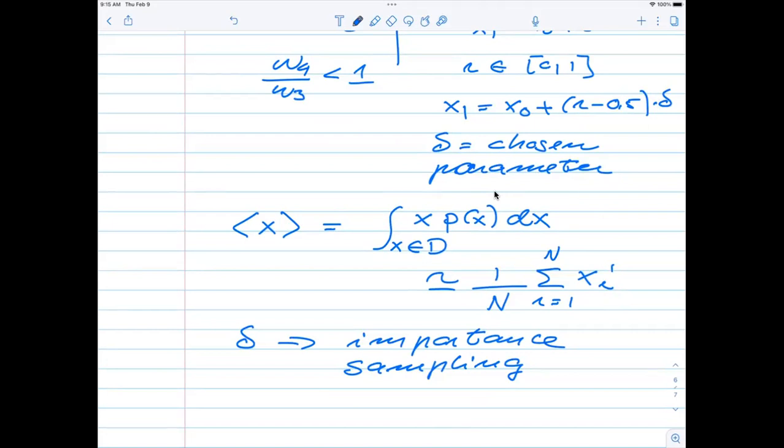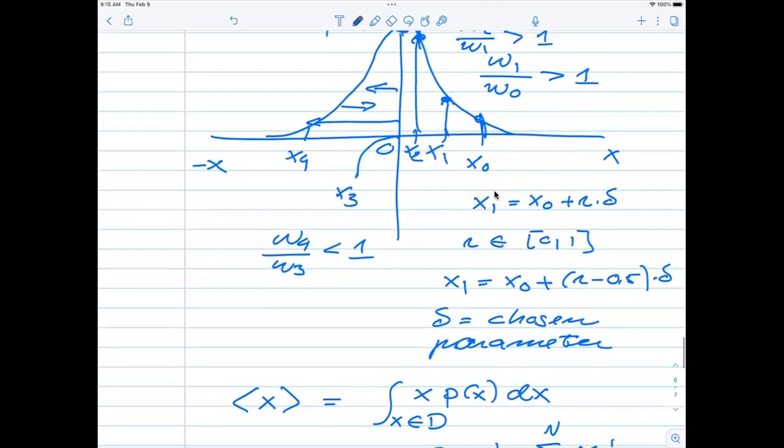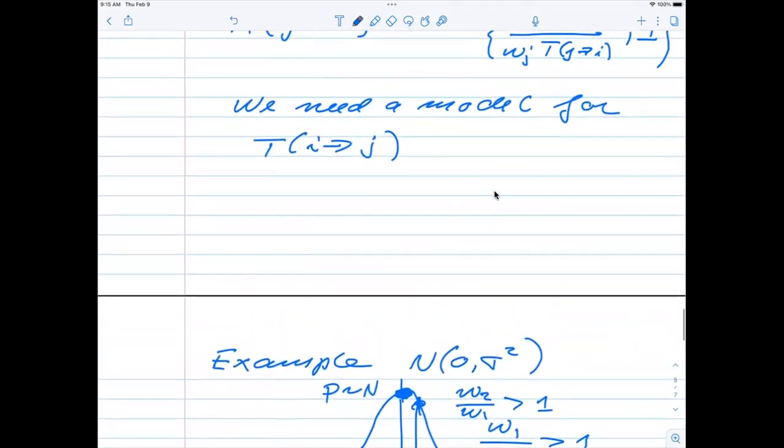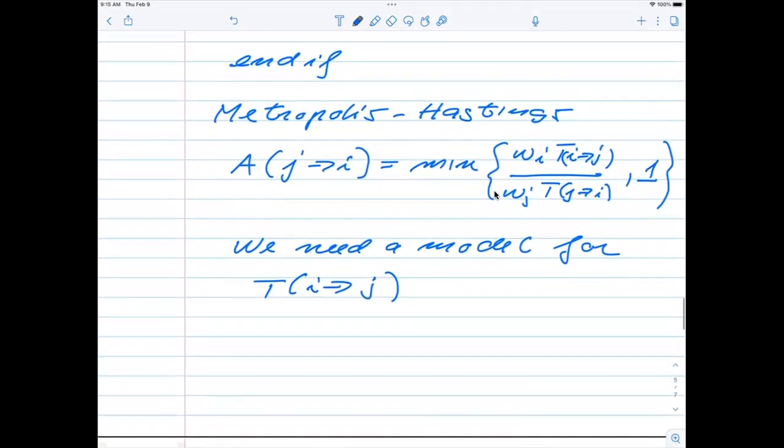So if we now look at the equations which we reminded ourselves about, the problem which we have, if we want to use the Metropolis-Hastings algorithm, is that we do need a model for this transition probability.